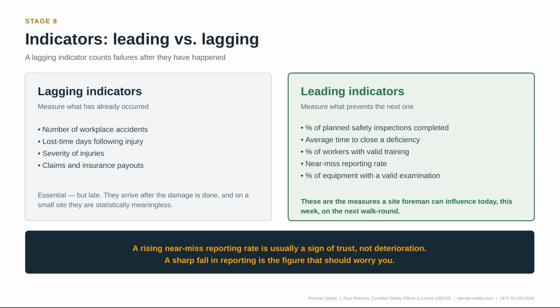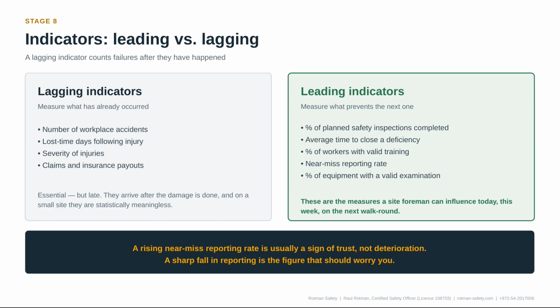Lagging indicators count failures after they have happened. The number of accidents, lost time days, severity of injuries. They are essential, but they arrive late. And on a small site, they are statistically meaningless.